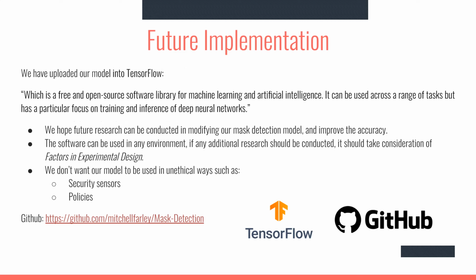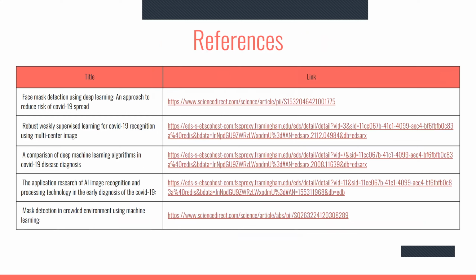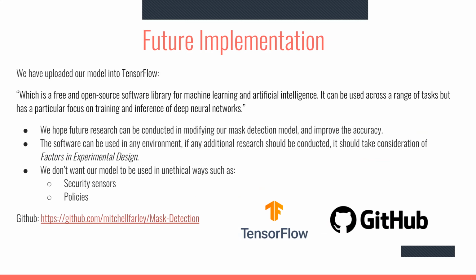If any additional research can be conducted, it should take consideration of the previous factors in the previous slide. And we don't want our model to be used in any unethical ways, such as putting inside of security sensors or any kind of policy. And if you click this link right here at the bottom, it'll be our GitHub.